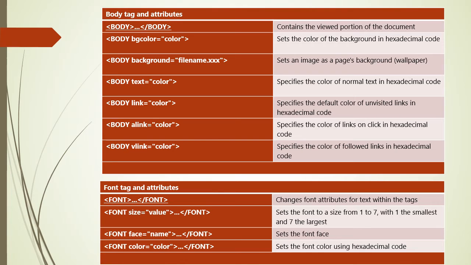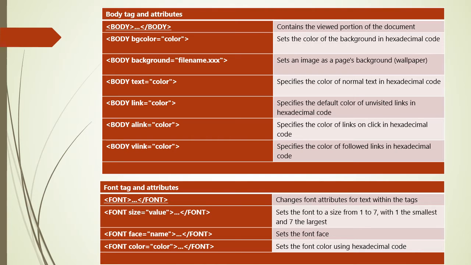It will specify the default color of unvisited links in hexadecimal code. Body alink is equal to color. It specifies the color of a link on click in hexadecimal code. Body vlink is equal to color. It specifies the color of followed links in hexadecimal code.